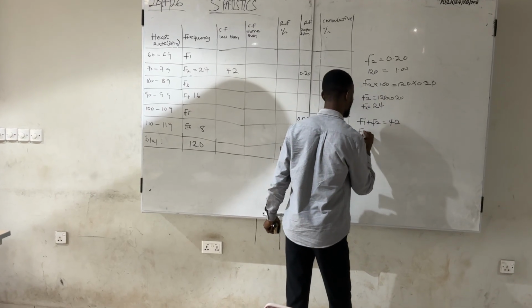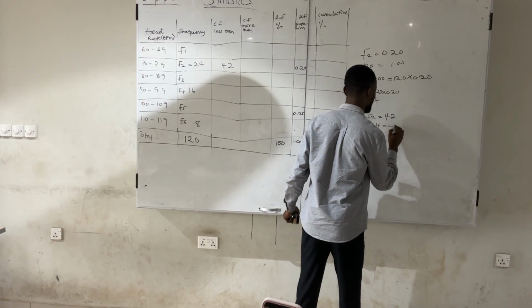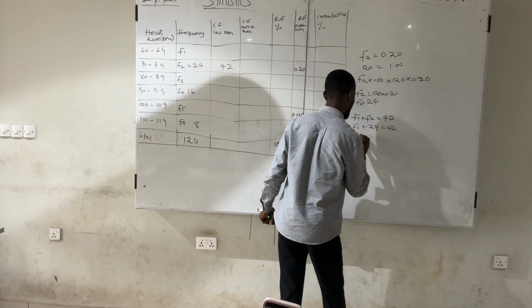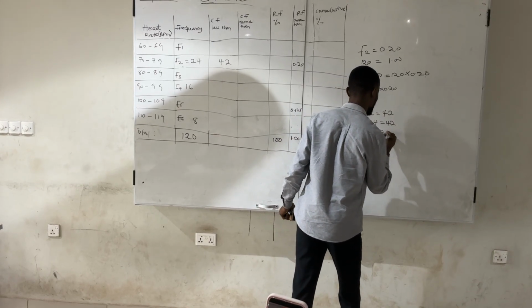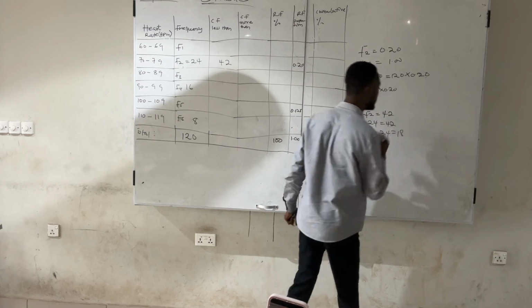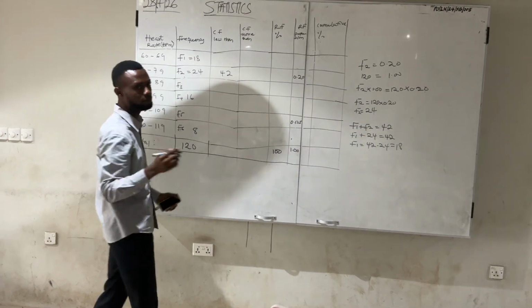So F1 plus 24 equals 42. F1 equals 42 minus 24, which is 18. Therefore, F1 equals 18.